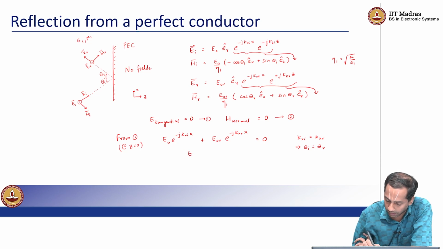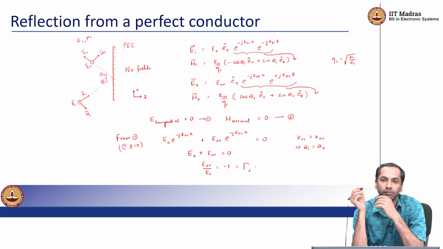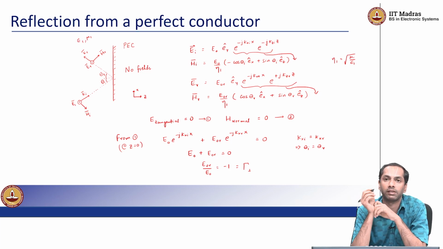This simplifies to simply E0 plus E0r equals 0, which is to say E0r by E0 is equal to minus 1. So in this case the field reflection coefficient is minus 1.